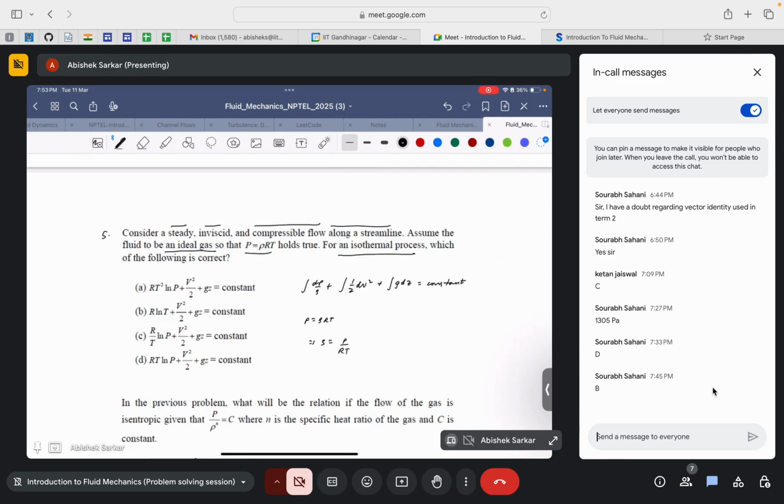To give you a small hint again, R is the specific gas constant, not the universal gas constant. It's a constant value, and T, since it's an isothermal process, T would be constant.